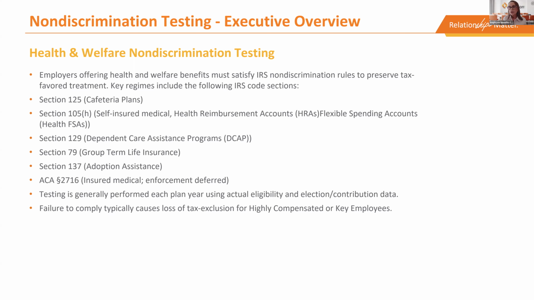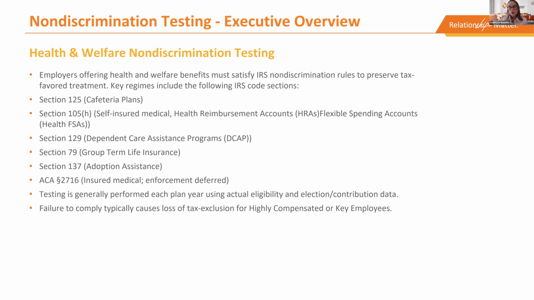So if you have a fully insured medical plan, it would be the master policy. If you had a self-funded medical plan, as an example, it would be the summary plan description and the plan documentation that needs to support it.